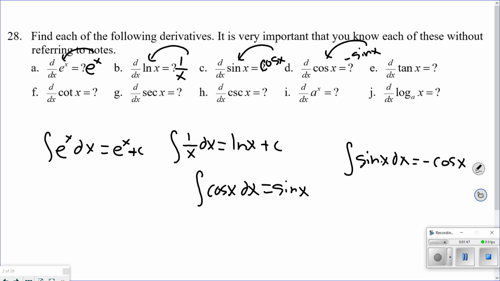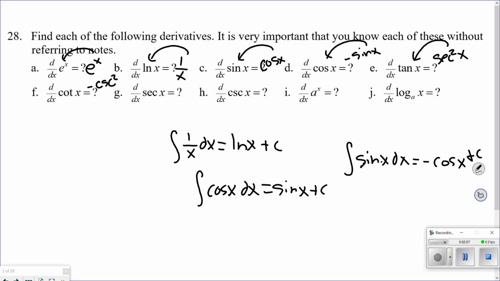The derivative of tangent of x is secant squared of x. That means the integral of secant squared of x is going to be the tangent of x plus c. The derivative of cotangent of x is negative cosecant squared of x. That means the integral of the cosecant squared of x is negative cotangent of x.